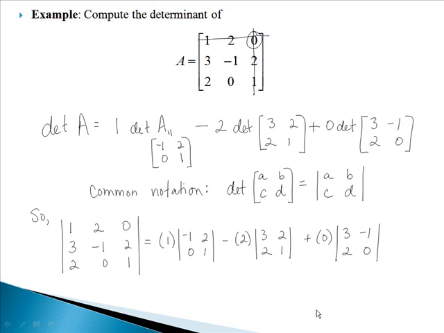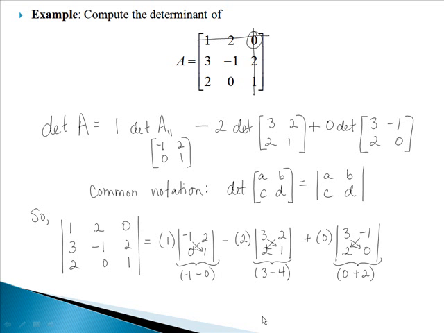So we need to find these individual determinants of these 2 by 2's, which means we're going to cross multiply. So here I have negative 1 minus 0. If I do this one, then I have 3 times 1, which is 3, minus 4 here. And then here I'll have, cross multiplying, 3 times 0 is 0, minus a negative 2, which makes it a plus 2.